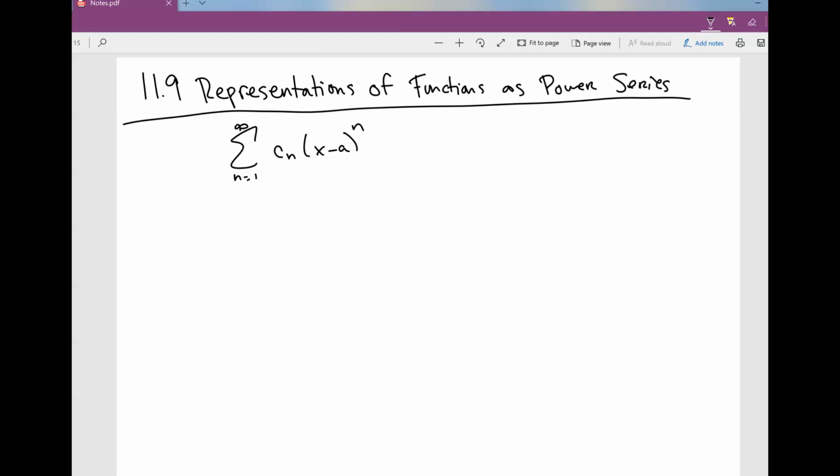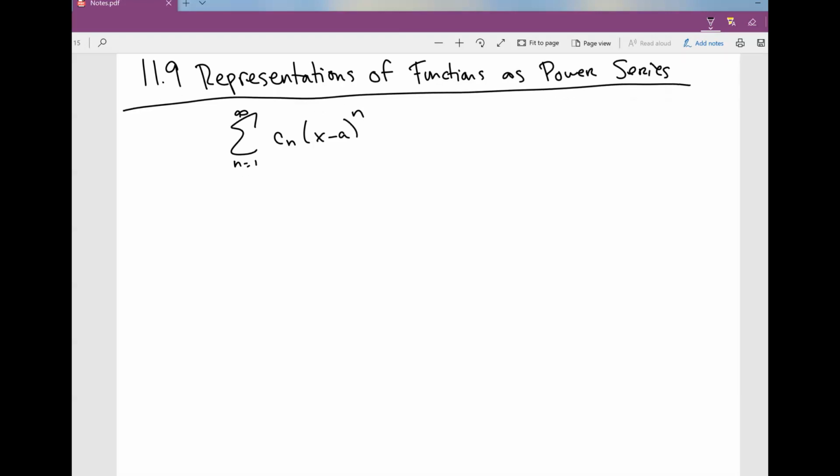So let's take a step back and remember what exactly geometric series were. Geometric series look like this: the sum from n goes from 0 to infinity of a r to the n.